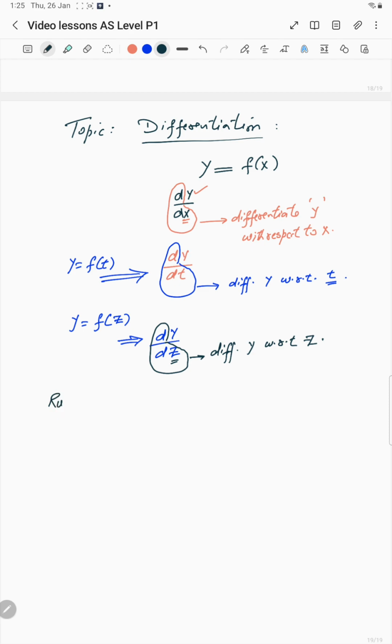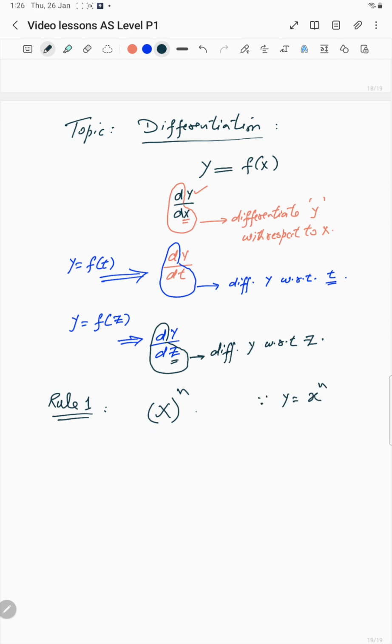Rule 1 of differentiation states whenever you have a function with power n, where n is any integer, and you need to differentiate this, it means your y is x power n.